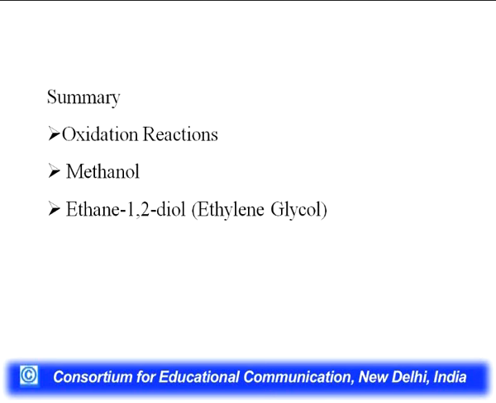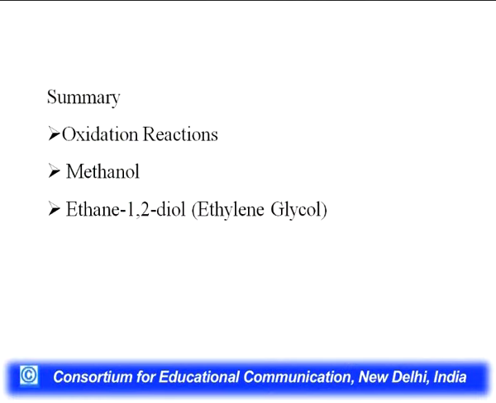So what is the summary of today's lecture? We have discussed the various oxidation reactions, in which we discussed what the oxidation reaction actually is, and then oxidation of alcohols with chromium compounds, with potassium dichromate, with manganese dioxide, with catalytic reduction and many more, like TPAP.